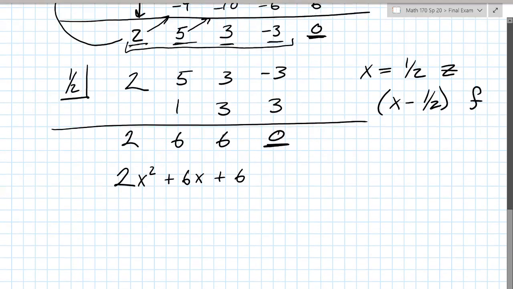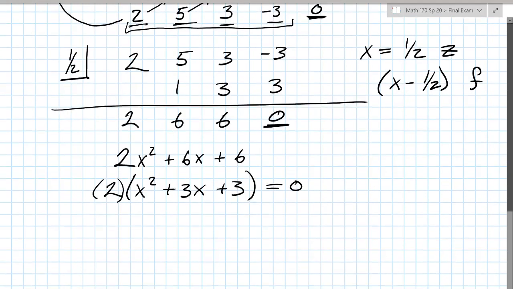You'll notice that there's a common factor of 2 in this problem, so I want to factor that out. We're going to go 2 times x squared plus 3x plus 3. So what that means is 2 is a factor, because our goal is to find zeros in the factors, so what I'm going to do is set this equal to 0.